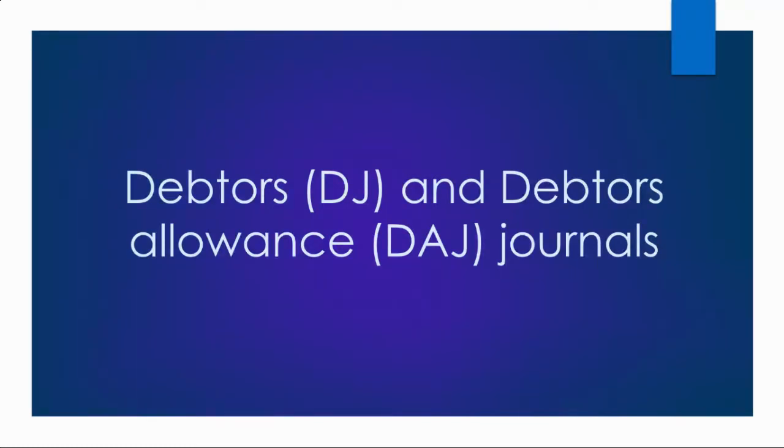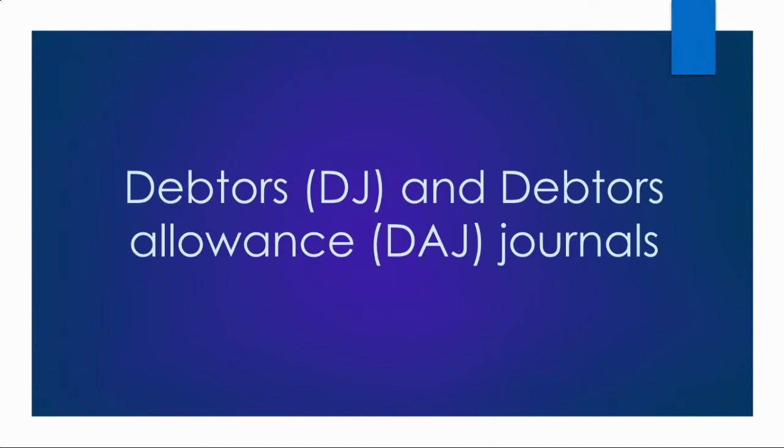Okay, under what category, when we look at the accounting equation, would we document a debtor's balance? So which of the 3 categories do debtors fall under? Remember the 3 categories we have are assets, owner's equity, and liabilities.